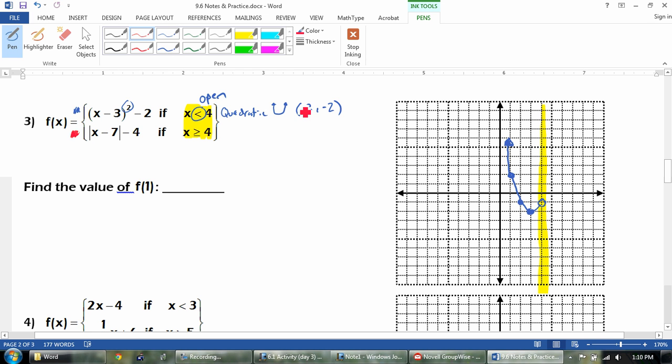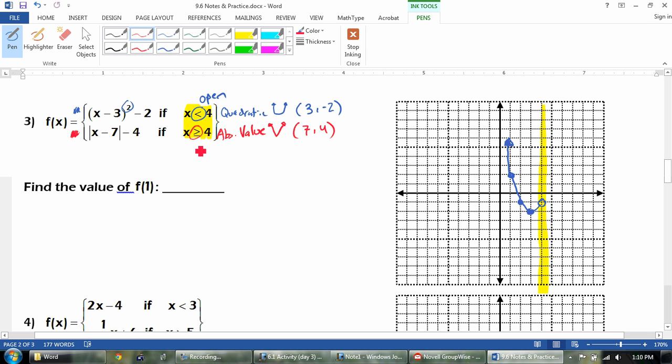Okay. What type of graph is on the bottom? What's that function? Good, that's absolute value. Is there a reflection? Nope, not yet. So I'm going to be going up, and then my vertex is at (7, 4).